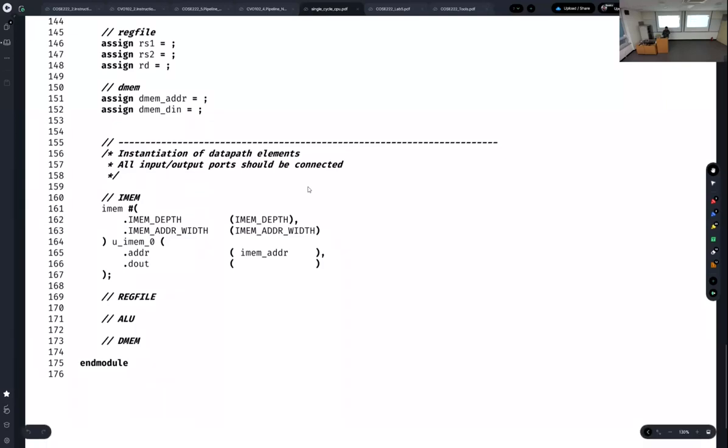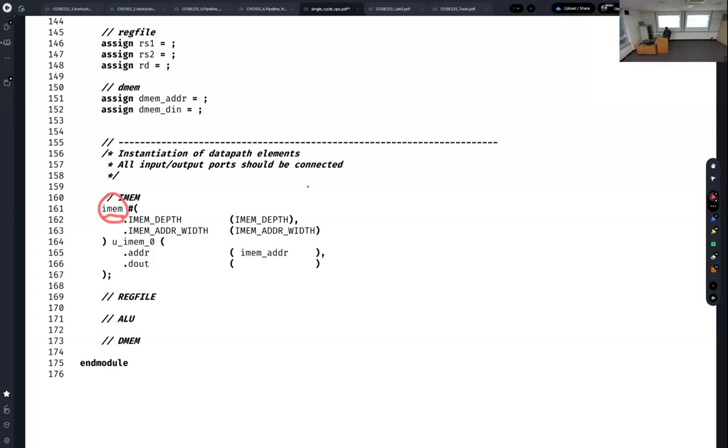At line number 155, you can find the instantiation of a data path element, which means that you have to use the submodule. As you can see, you can find the module name here, IMEM. This is the module name of instruction memory.